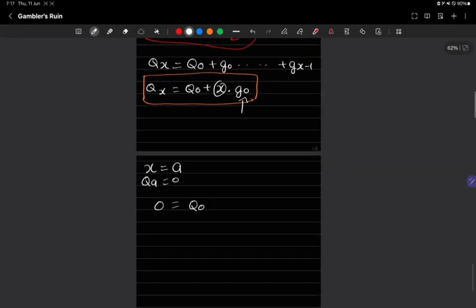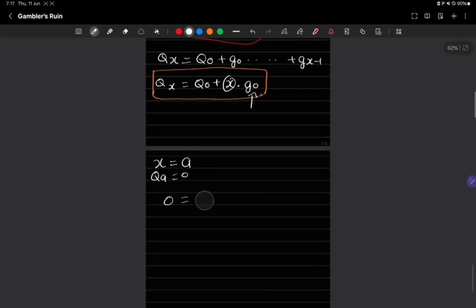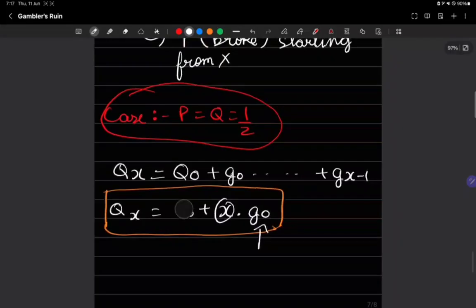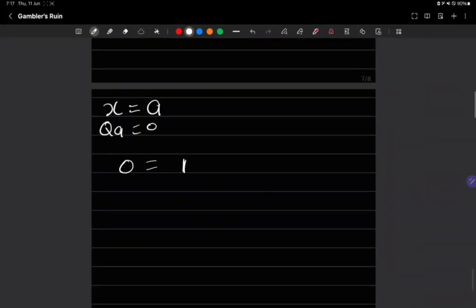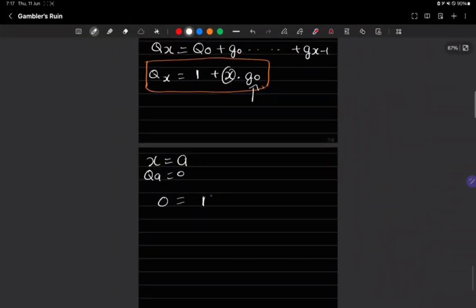Q0 had the value of 1, so here it will be 1 as well. So that gives us the value 1 plus x into G0. So we get the value G0, which is 1 by x.